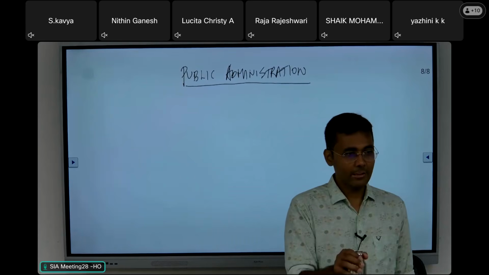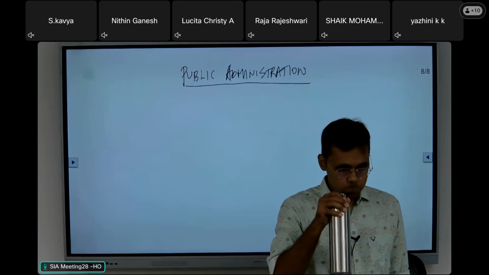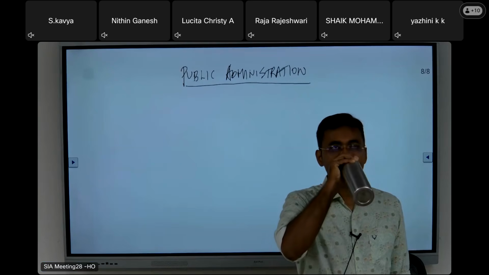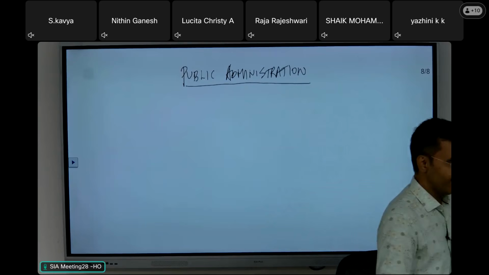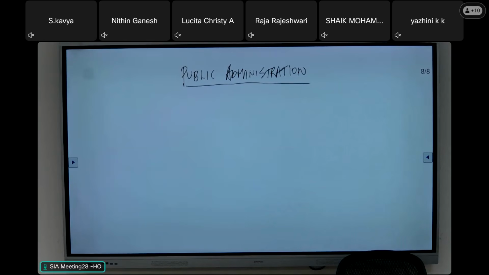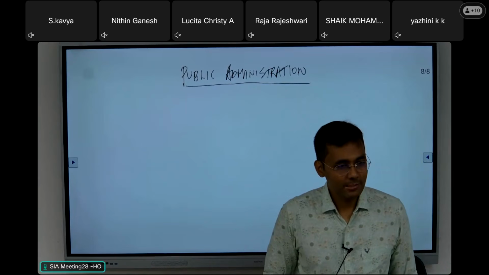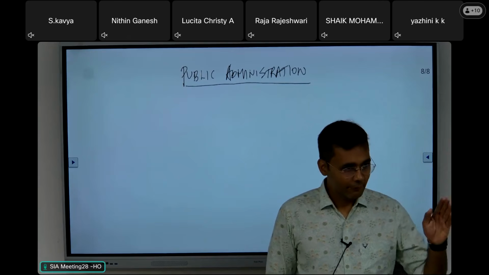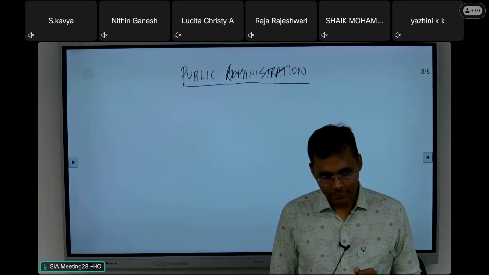The same idea is what we now have as Aadhaar. In the US, if you are a citizen, they call it the Social Security Number. If the government wants to interact with you, the first thing the government will ask is, give this SSN number. In India, the same thing is happening, they ask for Aadhaar.